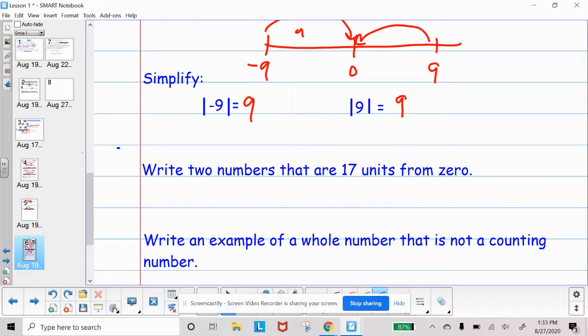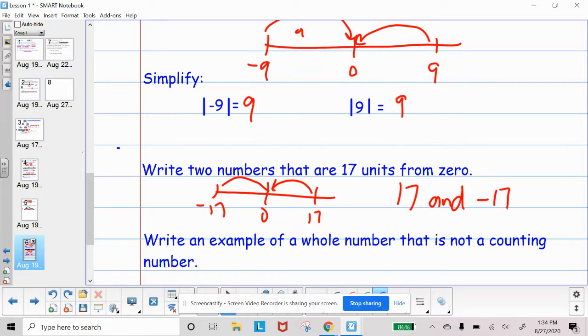Write two numbers that are 17 units from 0. Well, if I think of a number line, 17 is 17 units from 0, but also -17 is 17 units from 0. So 17 and -17 are both 17 units from 0.